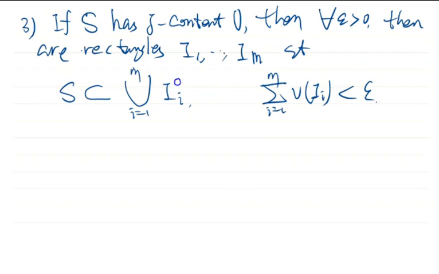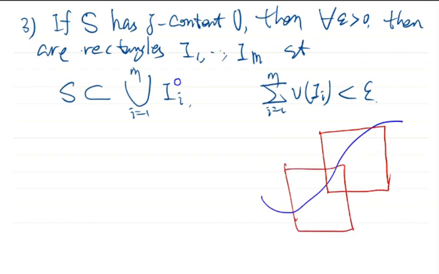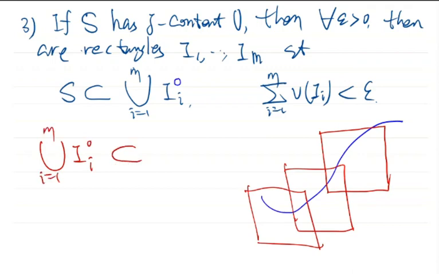The idea is as follows. So this is S. We have rectangles whose union contains S. Of course, the union of the interiors is a proper subset of the union of the rectangles.